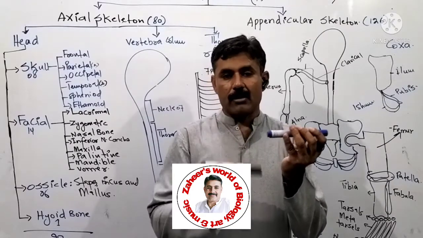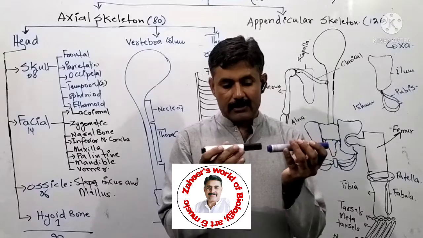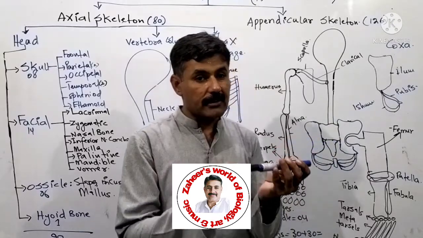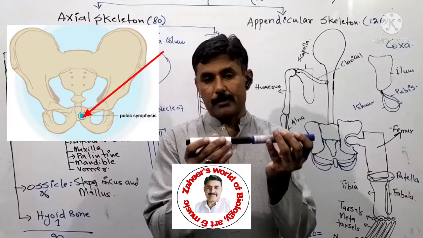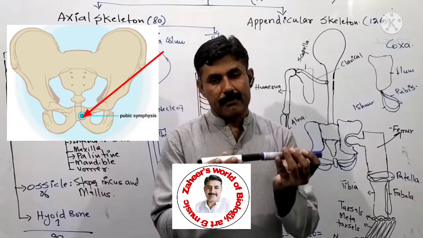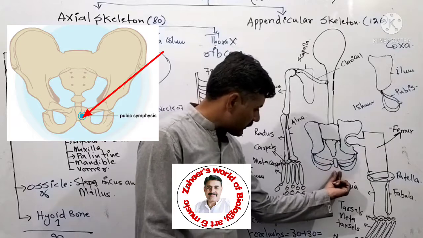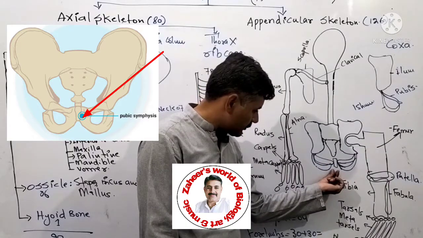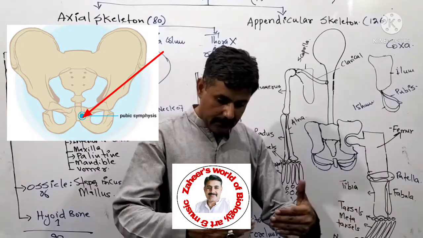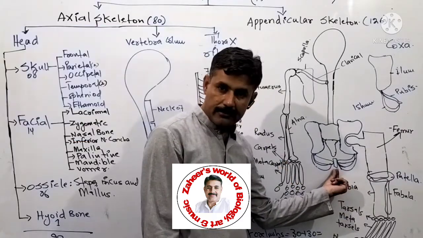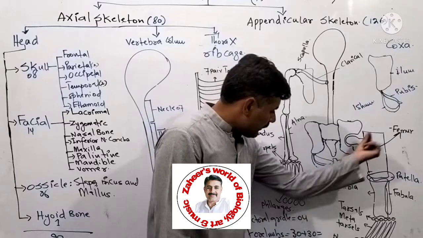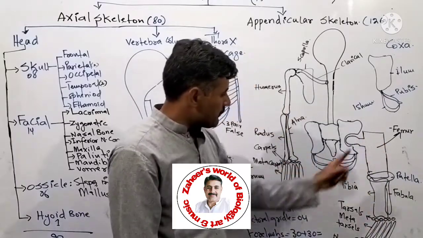That is a cartilaginous structure here. That is a kind of growth to which we say physis. And this physis is fusing two pubis bones, that is called symphysis. This central region of a cartilaginous structure which is connecting these two pubis bones is called symphysis.